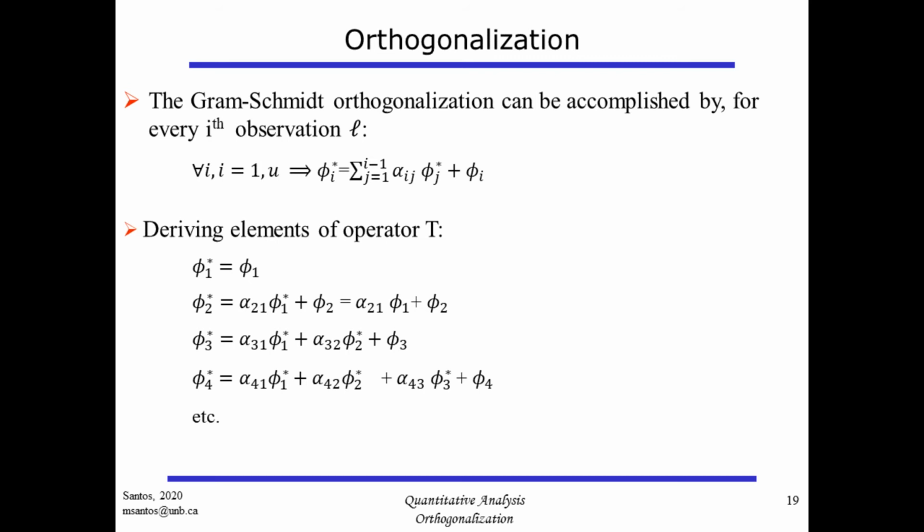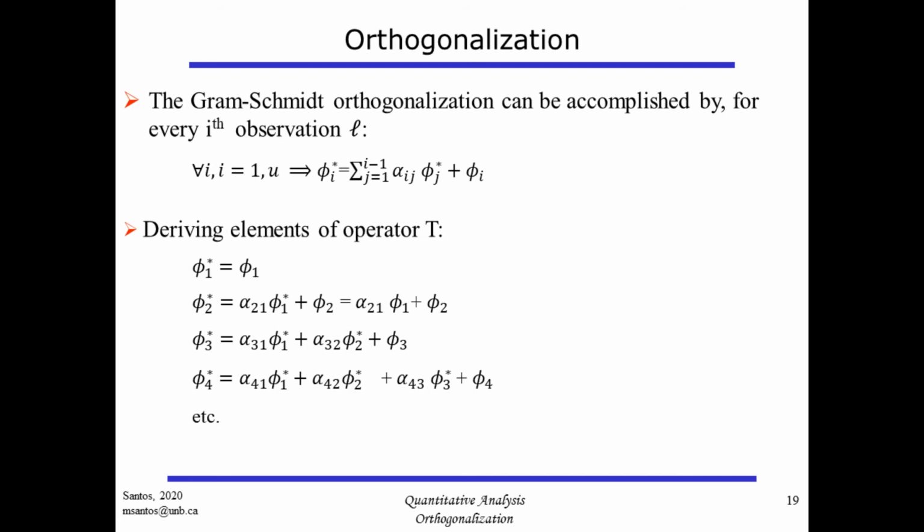And of course, we know from the previous expression that phi star 1 equals phi 1, so we can actually replace here. And then we have phi star 3, which again follows the generalized polynomial, which satisfies the Gram-Schmidt orthogonalization. Phi 3 star equals alpha 3 1 phi star 1 plus alpha 3 2 phi star 2 plus phi 3, and so on and so forth.